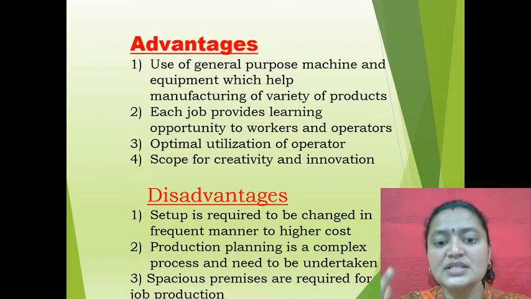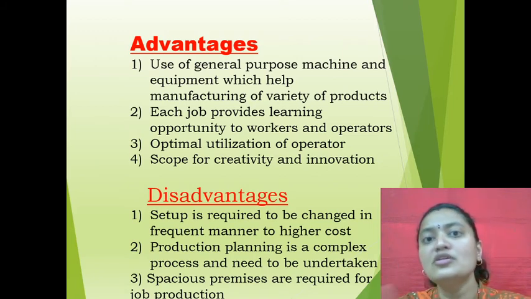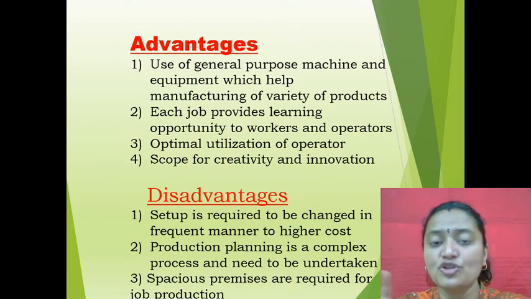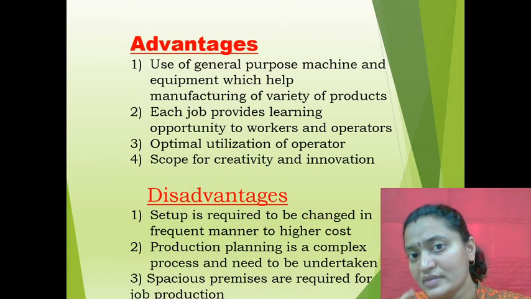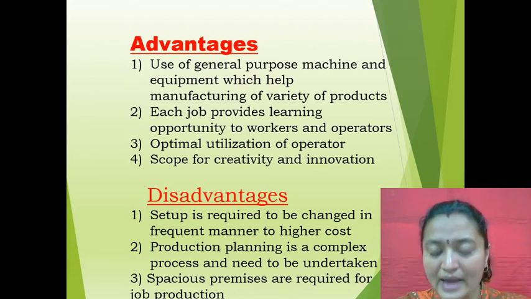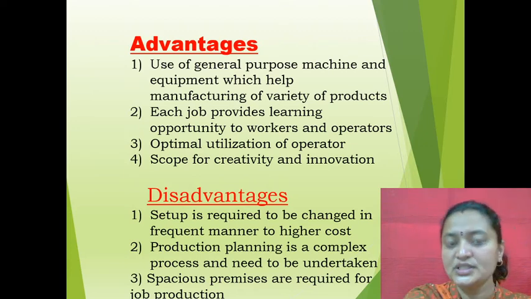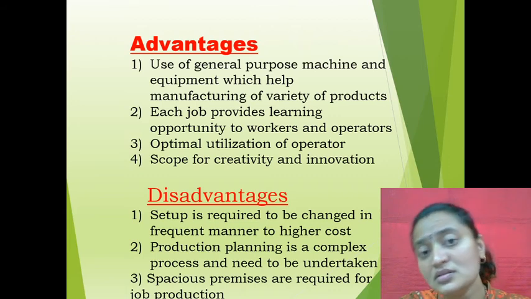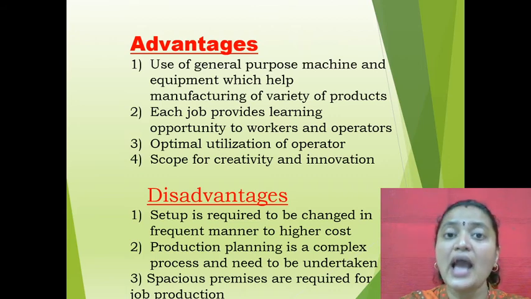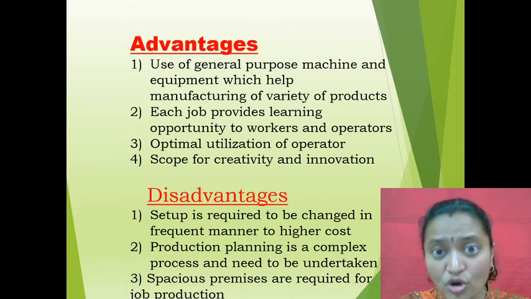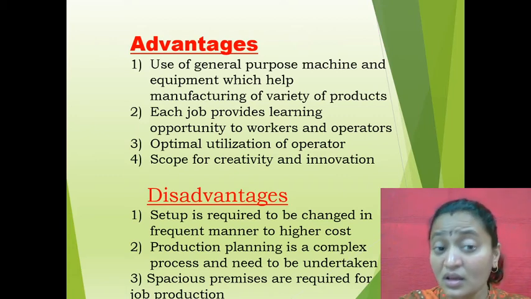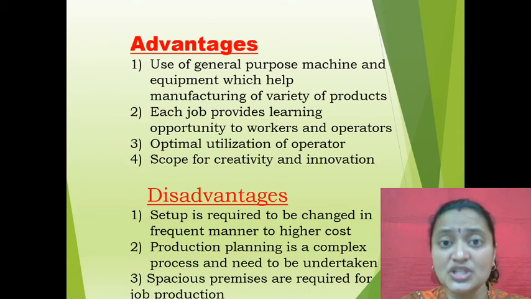Then, spacious premises are required for job production. What does that mean? Here is one simple example. Just imagine one small department or one small room where some big machines are kept, and the workers need to work on and handle those machines. At that time the workers are working in a congested place.